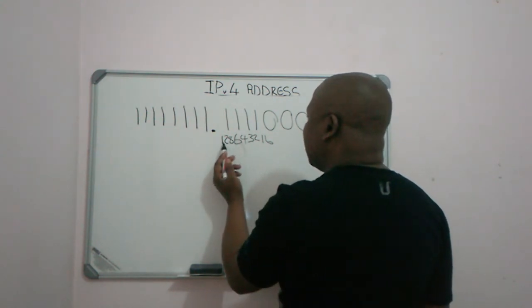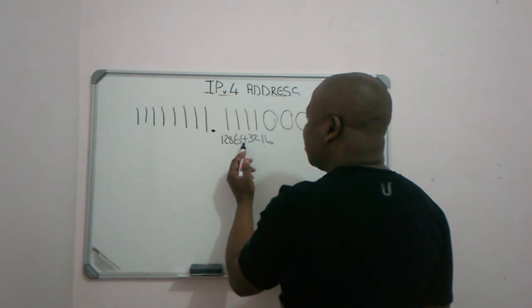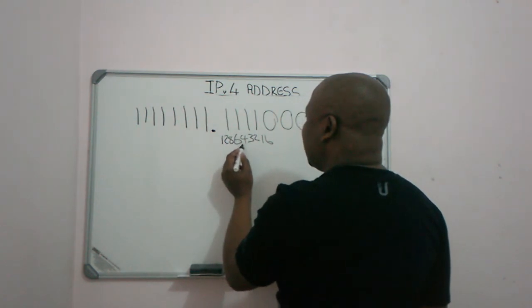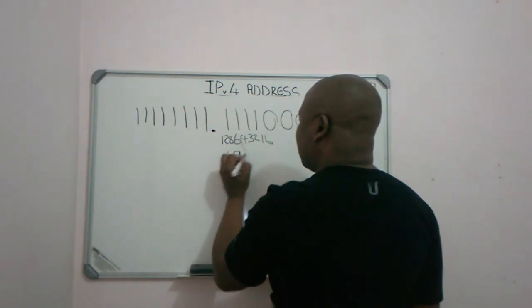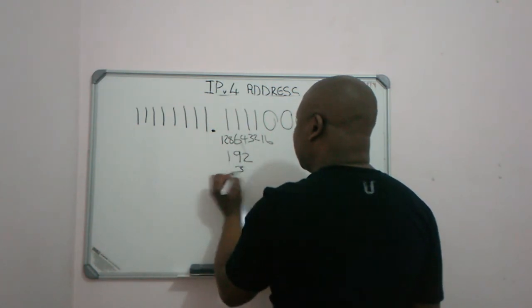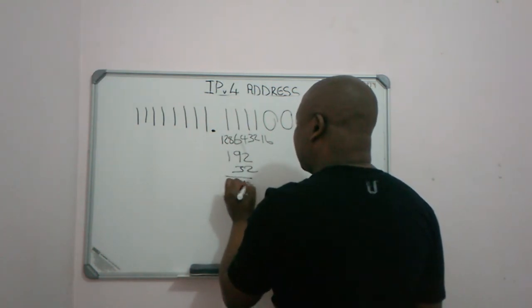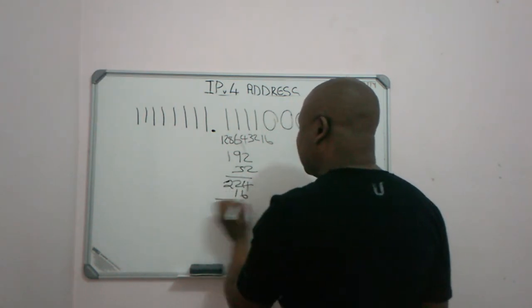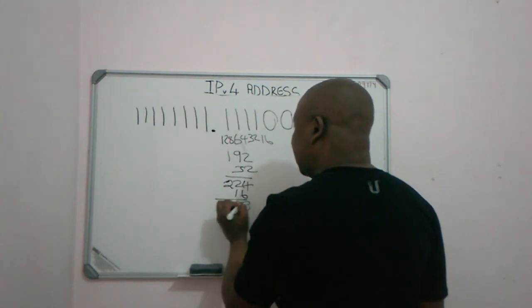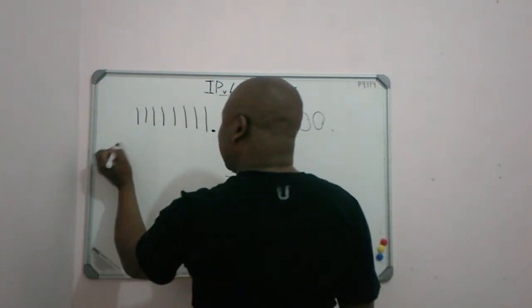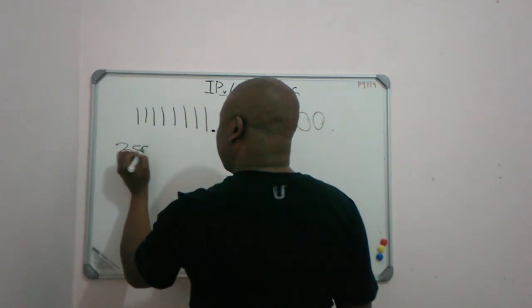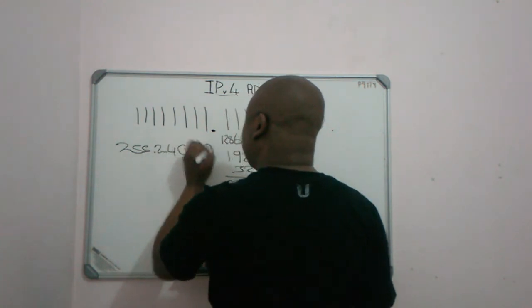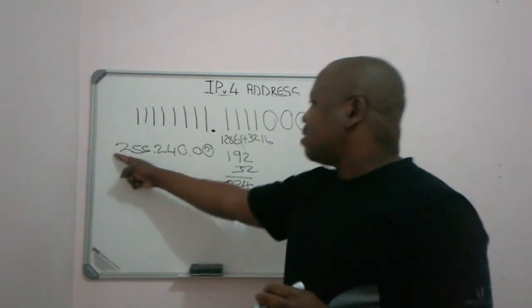So 128 plus 64 gives us 192, 192 plus 32 gives us 224, plus 16 gives us 240. So our subnet mask is 255.240.0.0. That's /12.